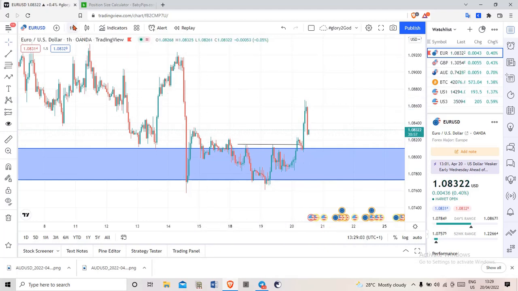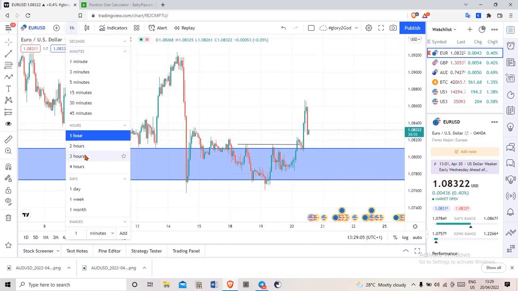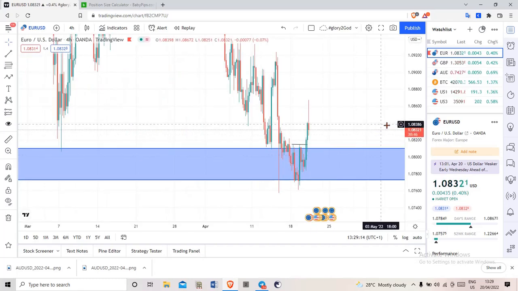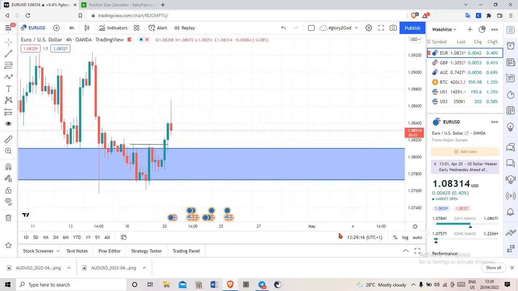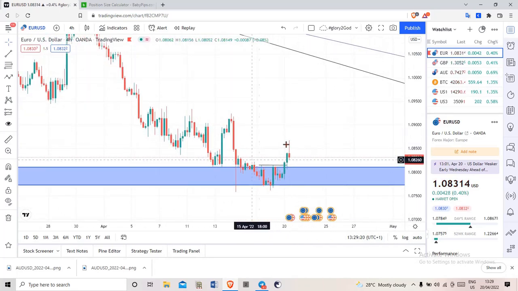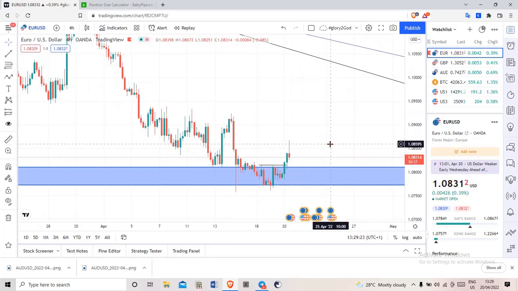But this is the 1 hour time frame. So if you want to be really certain of what's up, you should wait for structures to be broken on the 4 hour time frame, because we are starting a new trend.